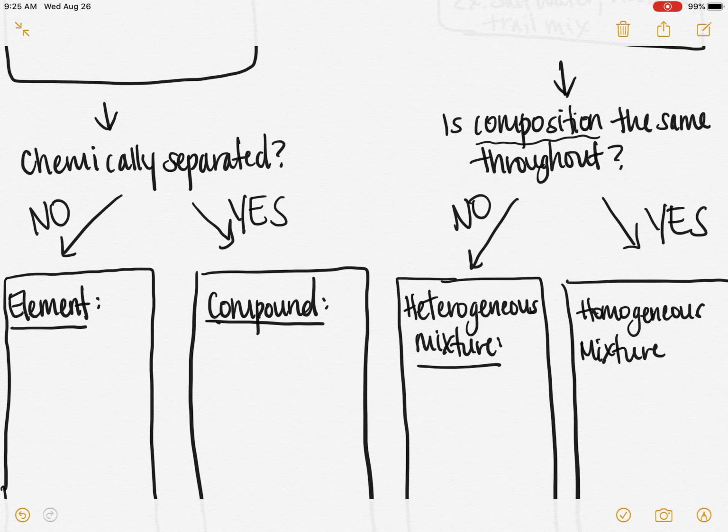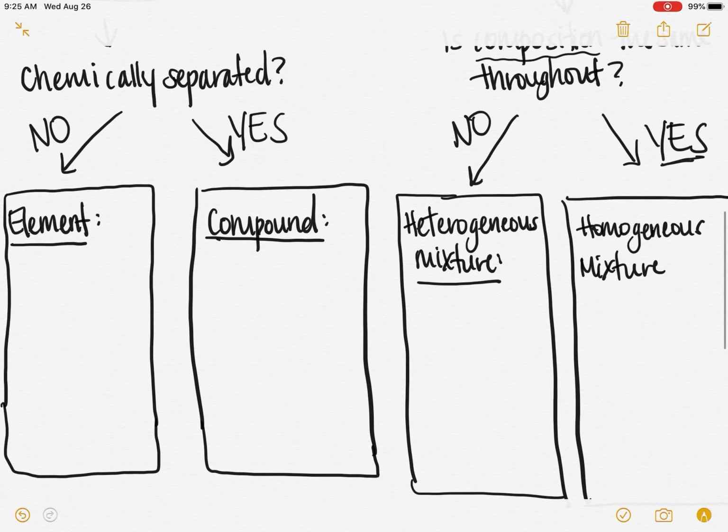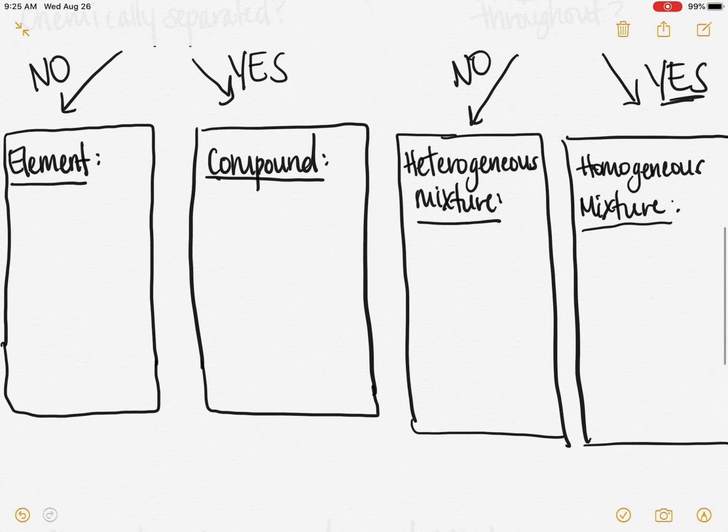Same can be said for Kool-Aid as long as you've stirred it. To answer this question, is the composition the same? For those two examples, the answer would be yes. And that would allow us to further classify this type of mixture as a homogeneous mixture. Okay, so homo means same.